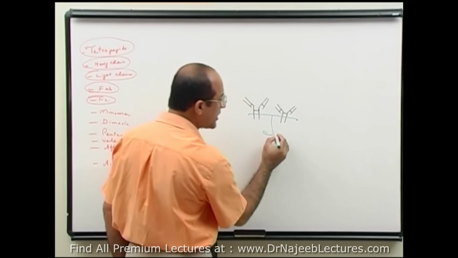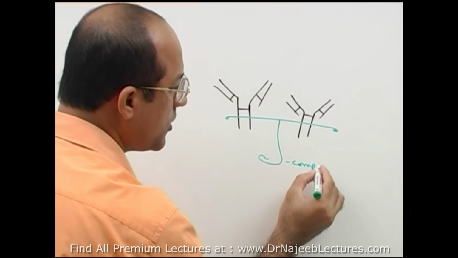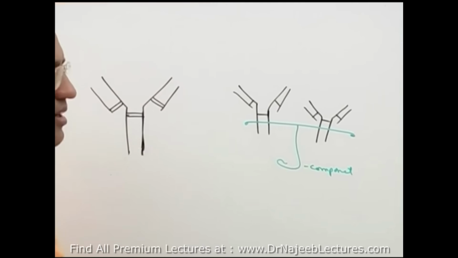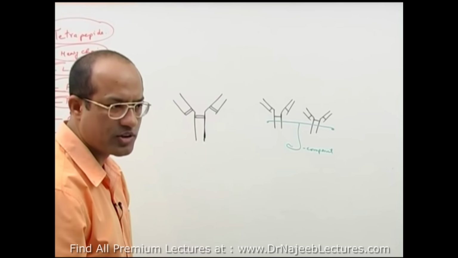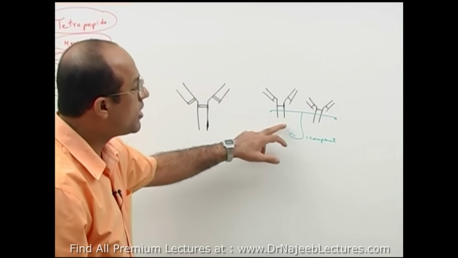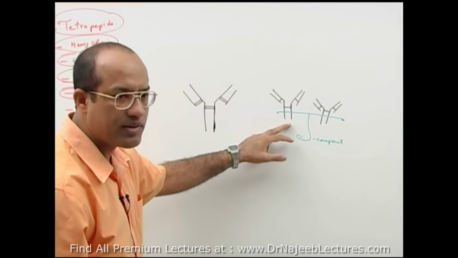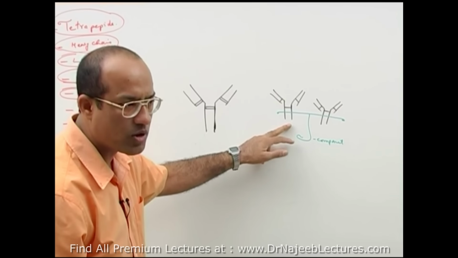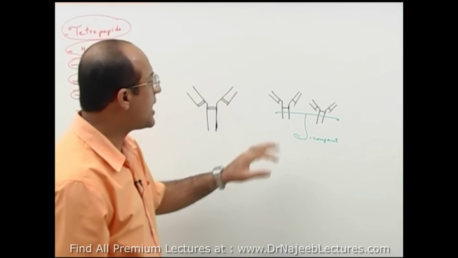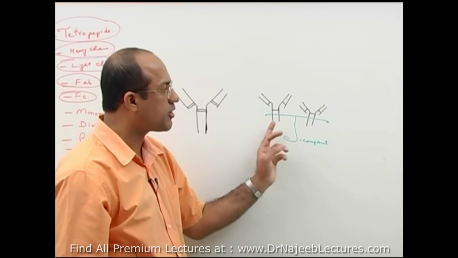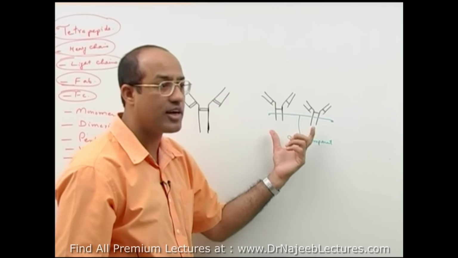So we call it joining component or J component. If more than one antibody monomer is held together by J chain, joining chain, we say now we are having a multimeric molecule. This multimeric molecule has 2 monomers, so we call this multimer a dimer.